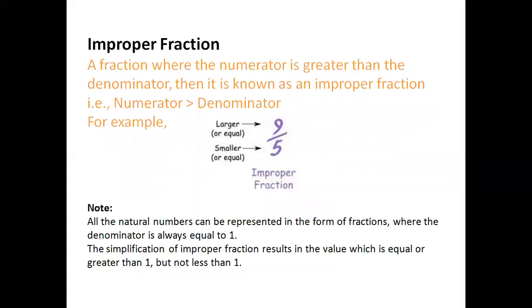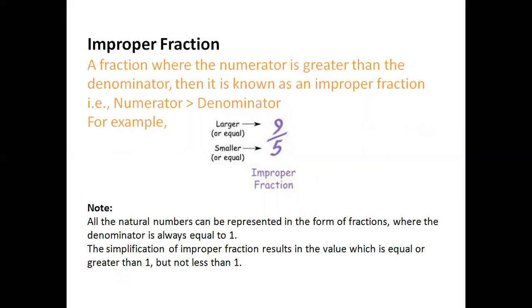Let's understand what is improper fraction. An improper fraction is a fraction in which the numerator is greater than, or we can say equivalent to, its denominator. That is, the numerator is greater than the denominator. You can see the example 9 by 5. 9 is a larger number and 5 is a smaller number.